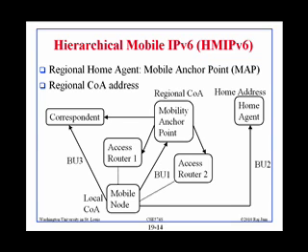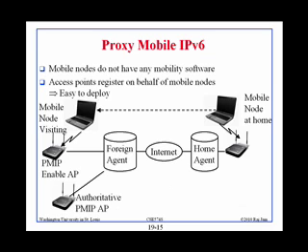Okay, so the idea is that you don't have to do everything through the home agent. You can do something through the regional mobility anchor points, and so that is called hierarchical mobile IP. Right, that's the whole idea. That's a regional COA.